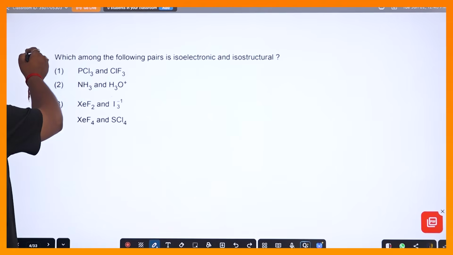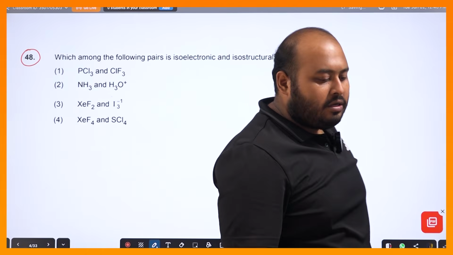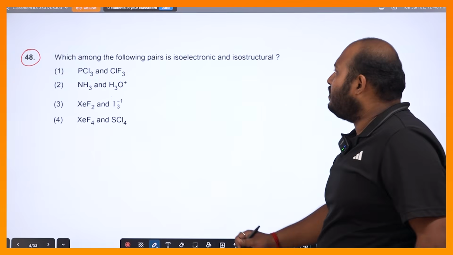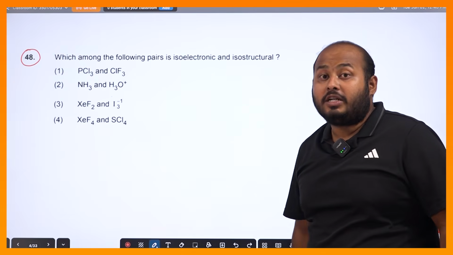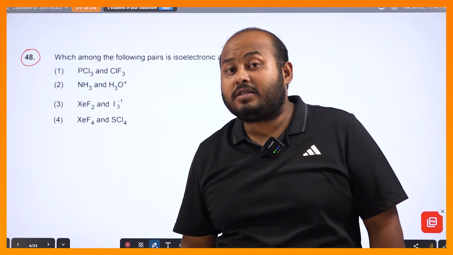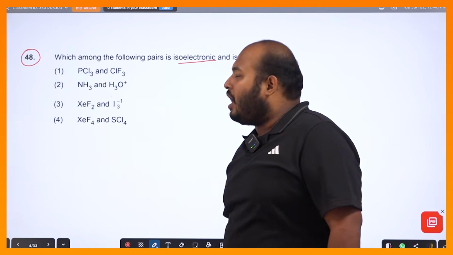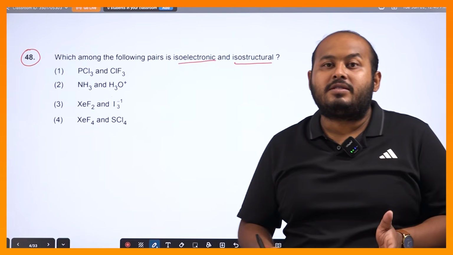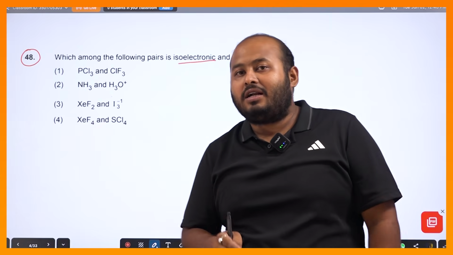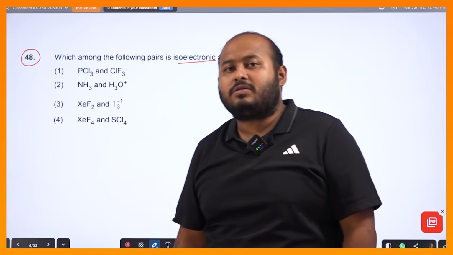Okay, so this is a question from chemical bonding, and in this question it is asking which among the following pairs is isoelectronic and isostructural. Isoelectronic means the species will have the same number of electrons, and isostructural means their structures will also be similar.